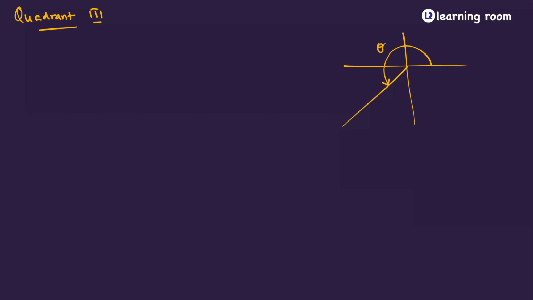Yes, sir. So now if you take quadrant 3, when you take the third quadrant, if it is going to be like this, if I take this to be the value of theta, how much will this angle be?